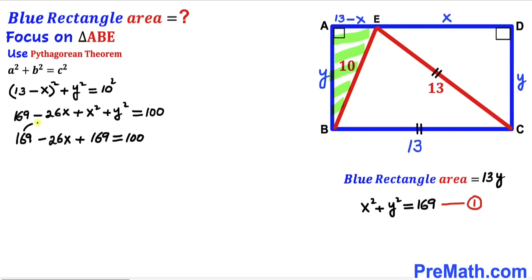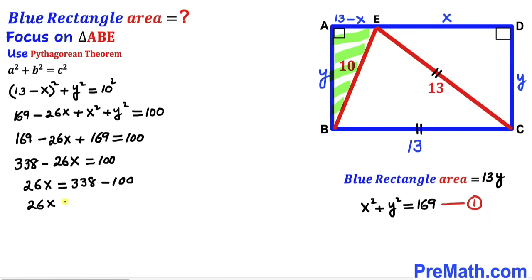Let's combine these like terms. This gives us 338 minus 26x equals 100. Now I am going to move the 26x to the other side, and switch the 100 to the opposite side as well. So 26x is going to be 238.